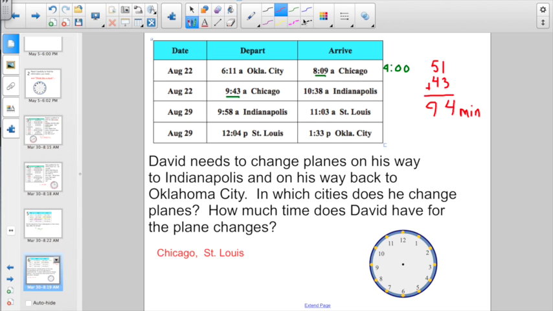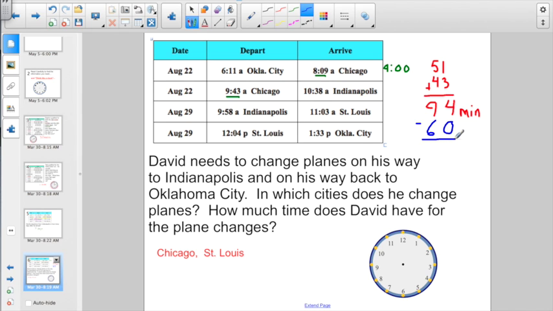But it gets even trickier because we're never going to tell somebody, hey, it took 94 minutes, because that's way over an hour, right? So now we have to go and subtract 60 minutes off of that again.